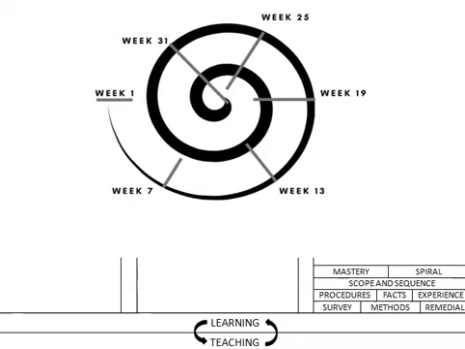Now, there are two primary kinds of curriculum, and those are mastery and spiral. In a mastery curriculum, each concept is taught only once, but thoroughly. Students are not taught the concept again. In a spiral curriculum, concepts are reviewed throughout the year with more depth of knowledge at each visit.